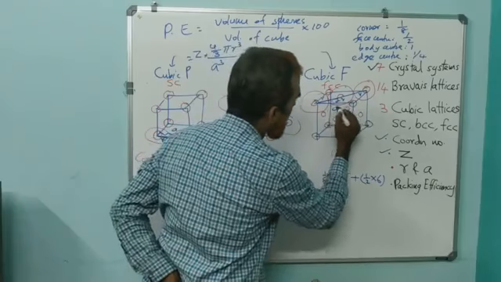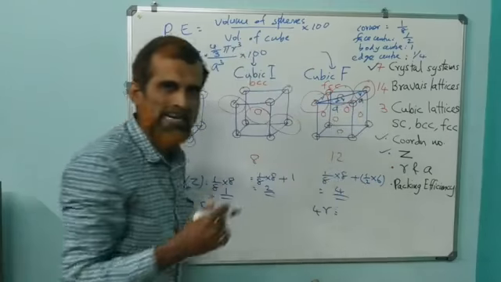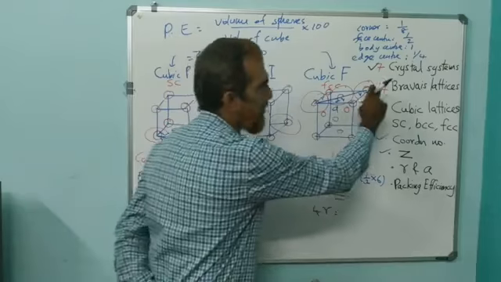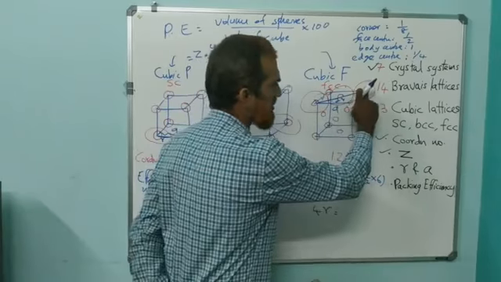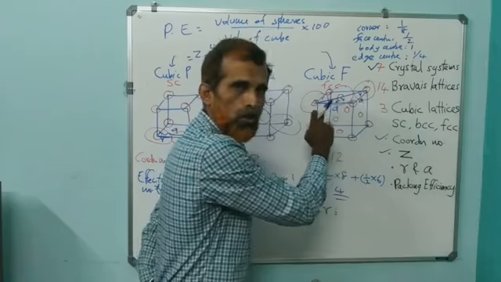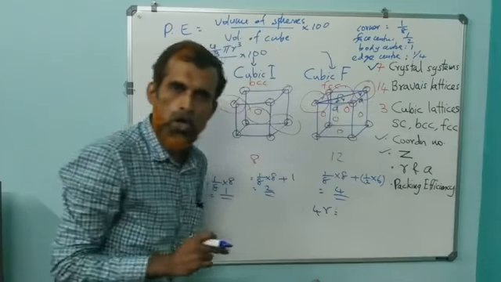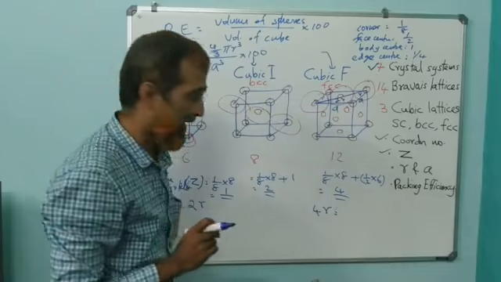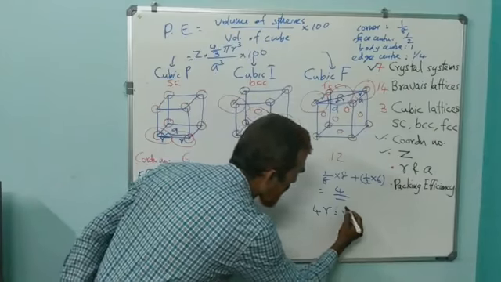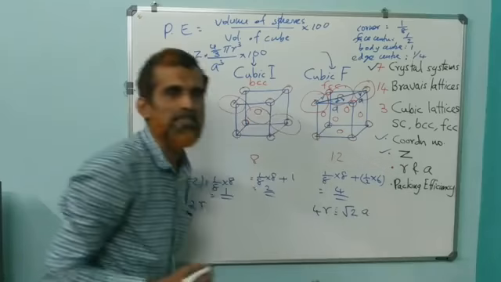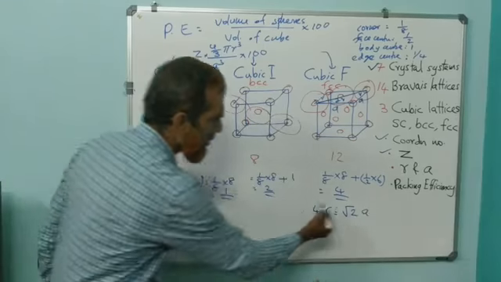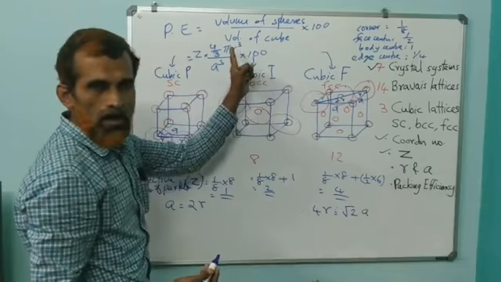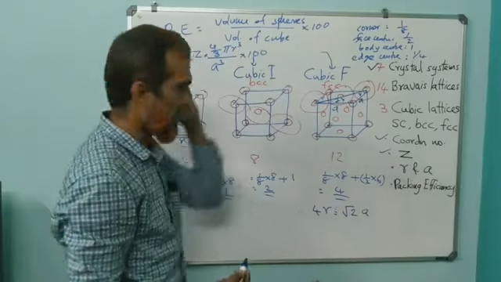If this is A and this is also A, the edges, by Pythagoras we get root of A square plus A square, or root of 2A square, which becomes root 2 A. That is the face diagonal. Using this we can substitute in terms of A.